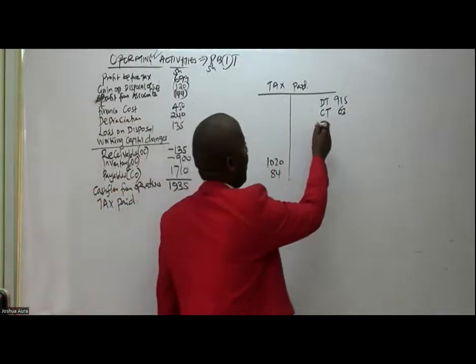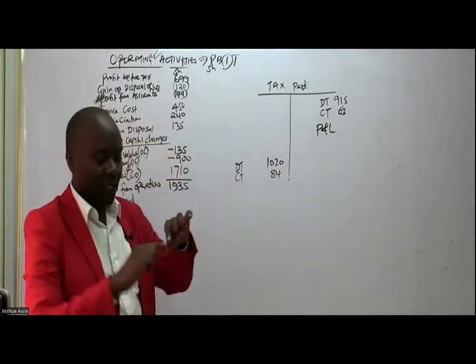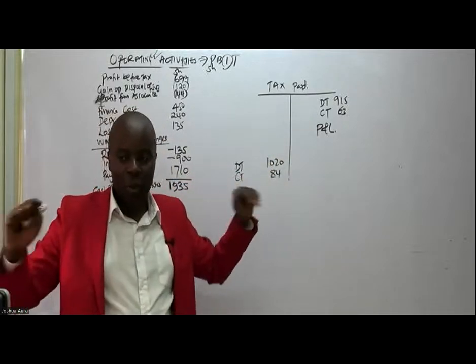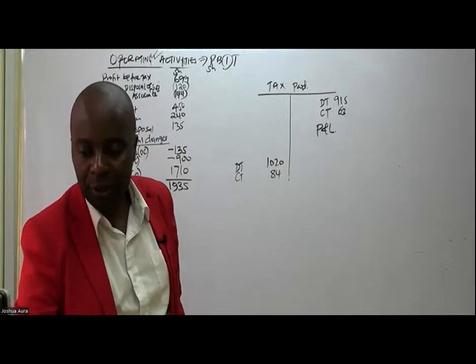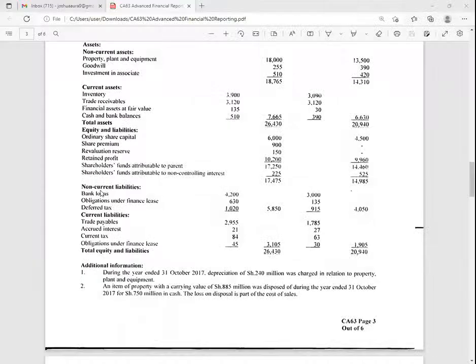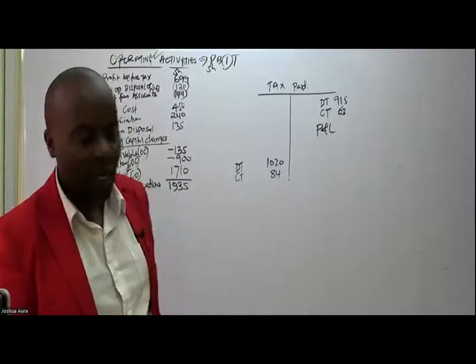And then, of course, we have the P&L, profit and loss, to recognize the tax. This is tax at the beginning of the year, tax at the end of the year. During the year, we had some tax obligation. We are told here in the income statement there is an income tax expense of 144.